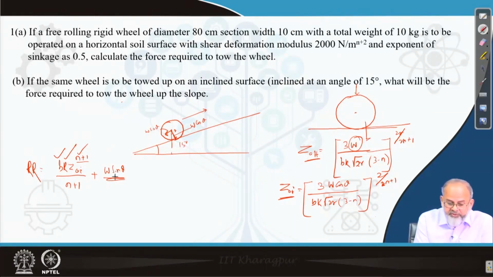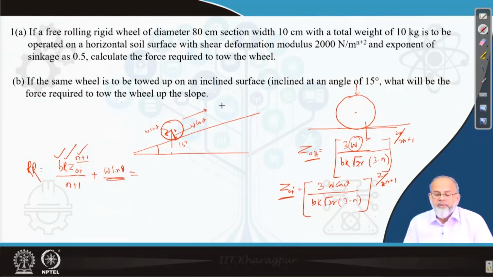W sin theta, we know theta, so you can calculate W sin theta, and then immediately you can find out the Z0I value, and then substituting in this equation, this will be the final value which is required to tow the wheel upward along the slope.